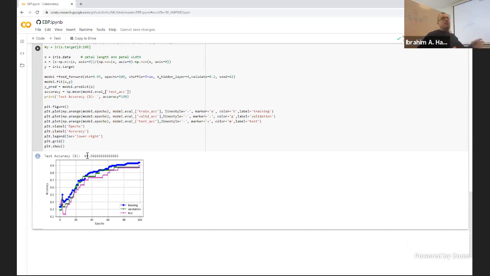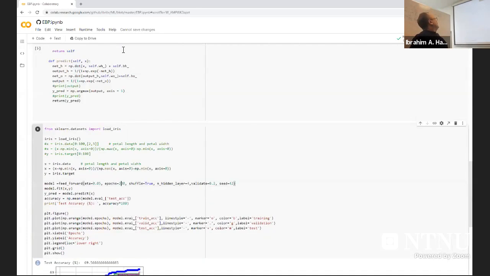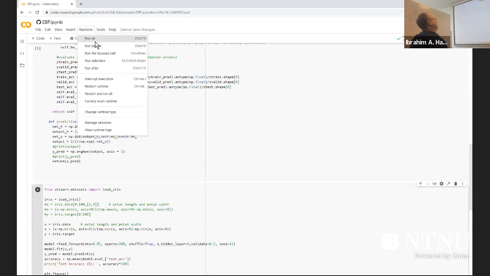Because as I told you, the curve is bumpy. We cannot guarantee. I don't know how the curve looks like, but maybe here we are stuck in a local minimum and we need more epochs, in fact, so maybe we can repeat it using maybe 200. I mean, it's very quick. Just use 200, for example, and run it one more time.